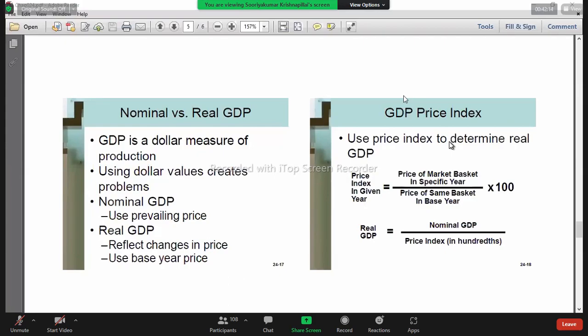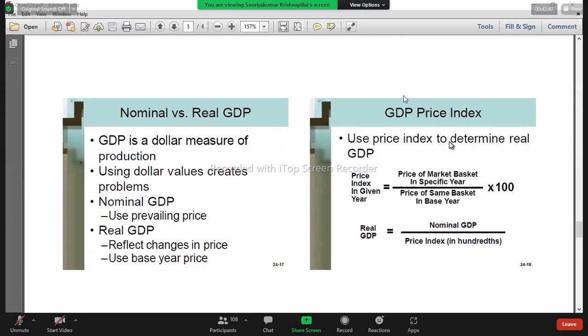If in 2001 we produce more than in 2000 in physical quantity terms, and we multiply that quantity by the same 2000 year price, then that value actually shows whether there is an increase or decrease in production. So that is real GDP.